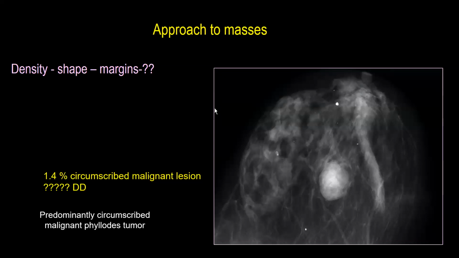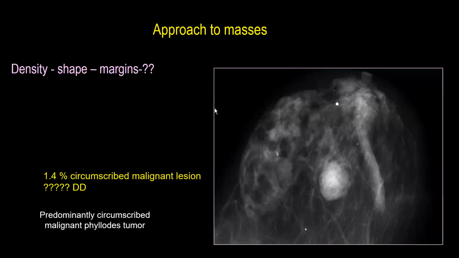We said circumscribed borders are 98 to 99% benign masses. If we see a circumscribed margin, we expect it to be benign. But since it is not 100%, only between 98 and 99, so less than 2% probability of cancer, it will be within the group of BIRADS 3.